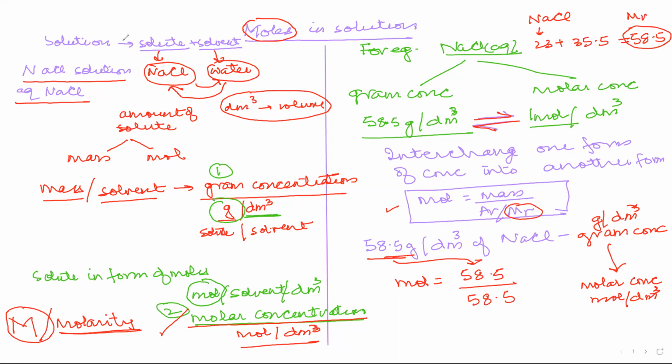The number of moles is going to be 1 mole. So 58.5 grams per dm cube of NaCl can also be called 1 mole per dm cube of NaCl. This is the gram concentration of the same solution, and this is the molar concentration of the same solution. I hope it's clear, they both are interconvertible.